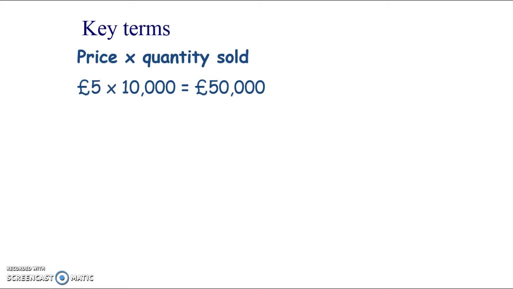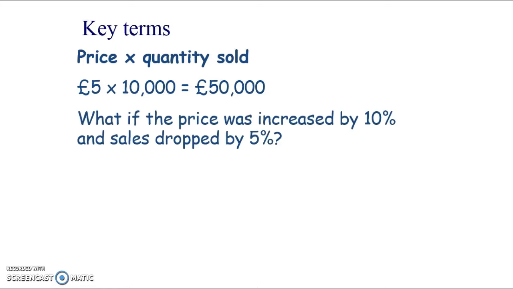So going back to our previous example of the price, £5 times the quantity, which was 10,000, giving us £50,000 worth of revenue. Sometimes we might have questions that look at if price was increased by 10% and the sales dropped by 5% as a result, what would the revenue be? So if we increase the price by 10%, we've got £5 times 1.1, which gives us £5.50.